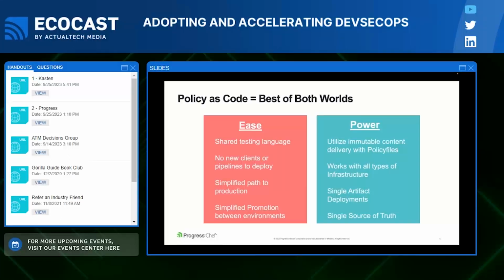If I'm a security engineer, I might not have full knowledge or visibility into my development team and how they work, but I can see what that outcome is because I'm able to inspect that policy file and see exactly how things are set up and how my things are interacting with them. So as we talk about shifting security left and more quickly into that process, I can get started right away.